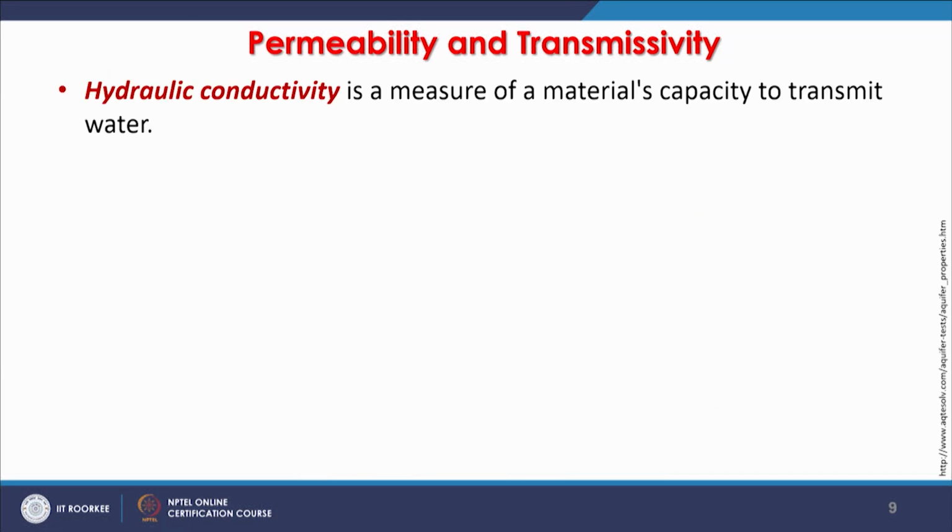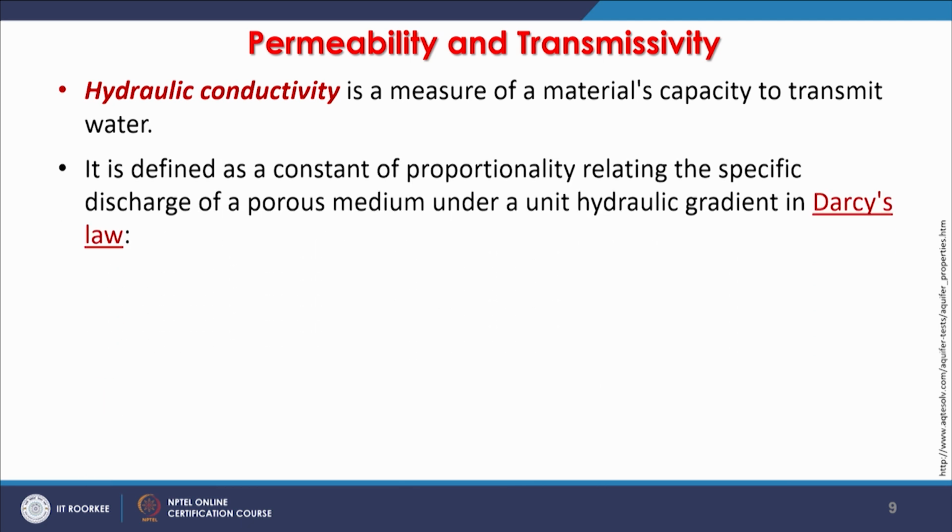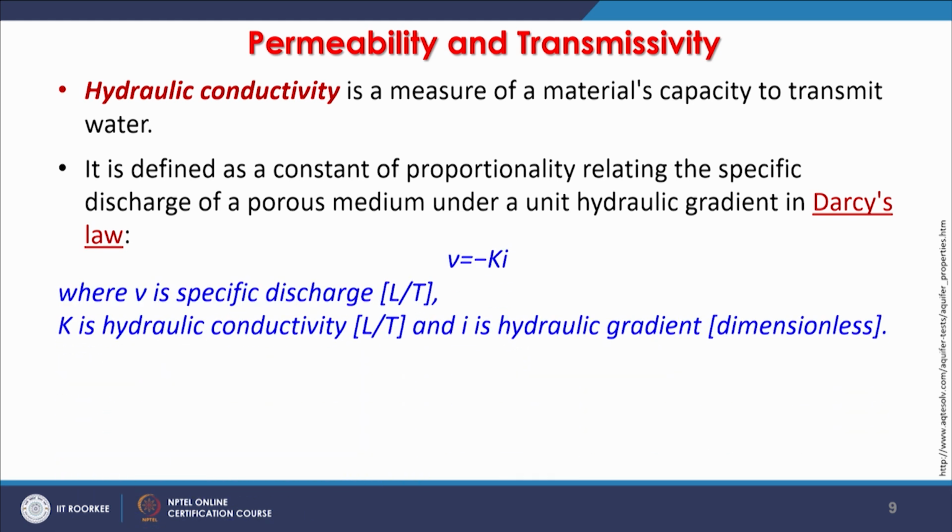Now, as we have seen, hydraulic conductivity is a measure of a material's capacity to transmit water. So it will depend on the materials also, and it is defined as a constant of proportionality related to the specific discharge of a porous medium under a unit hydraulic gradient, and that is what we discuss in Darcy's law.